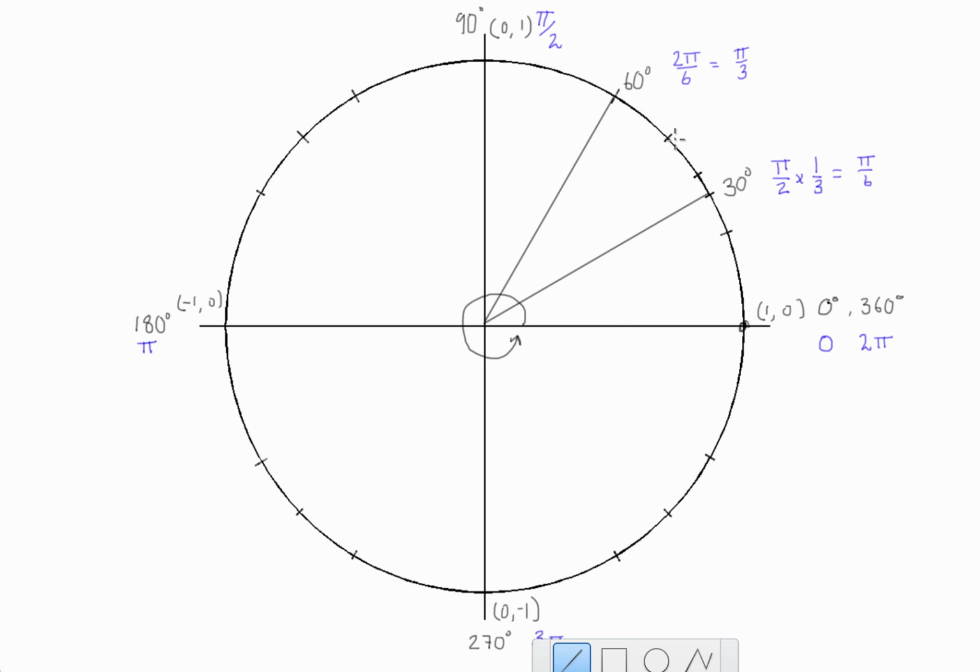The next one we're going to draw is 45 degrees. Here we have 45 degrees. Now we know that 45 degrees is half of 90 degrees. So we're going to get the radian measure for 90, which is pi over 2, and multiply it by a half.